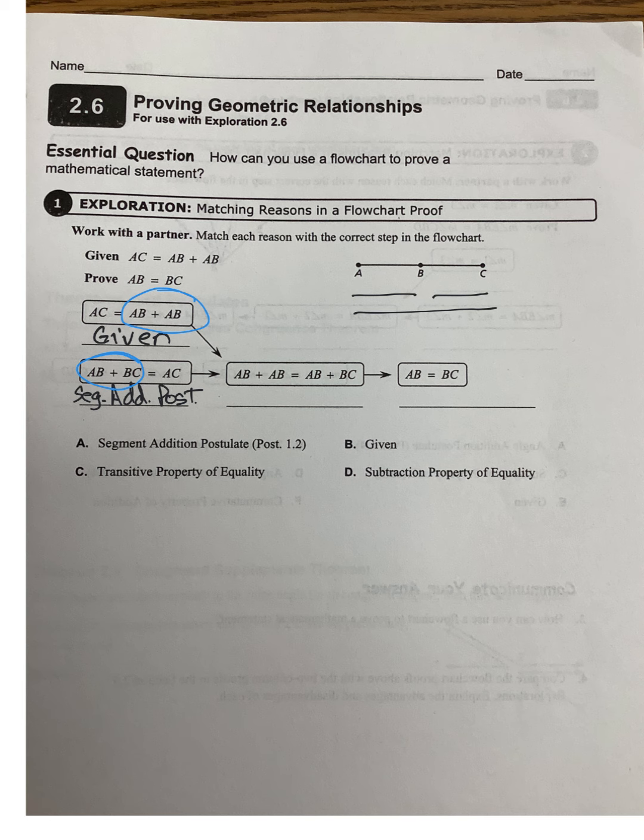That's the transitive property, except that's not what it says. It says AB plus AB is equal to AB plus BC. Okay? So since it doesn't say AC equals AC, you might be thinking, oh, well then this can't be the transitive property. But what is it that we're actually doing? Because AC is equal to AC, you therefore have those other 2 things. And yes, it is the transitive property.